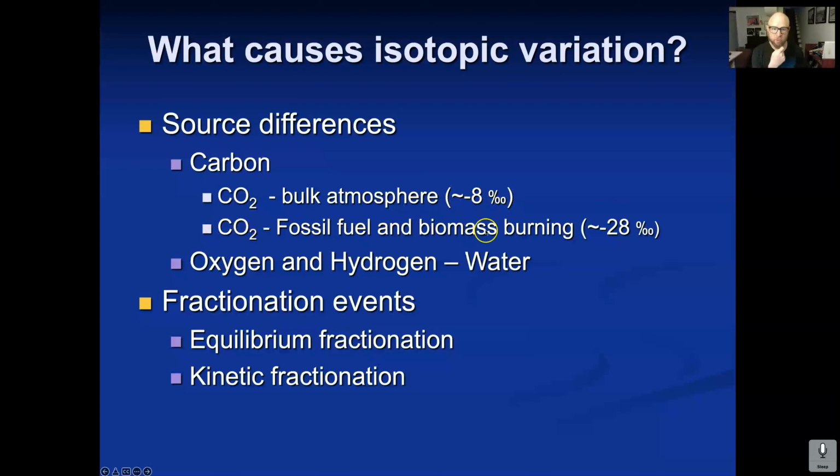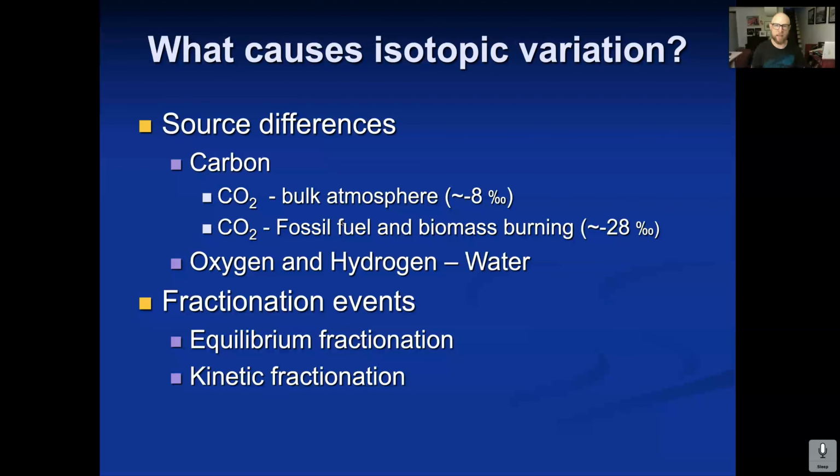CO2 from fossil fuel, which comes from the burning of biomass, is around -28 per mil. We won't talk about this in great detail, but this is one way we've been able to figure out how much of the CO2 increase in the atmosphere comes from us, extracting coal and petroleum from below ground and combusting it to get energy.